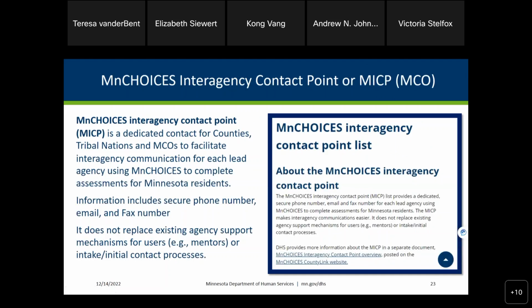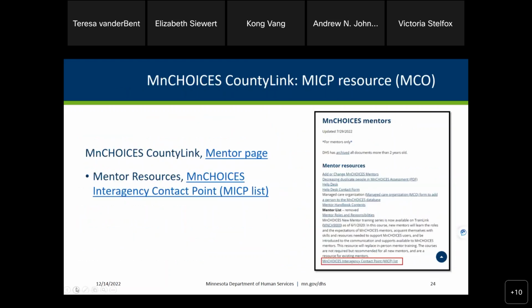It doesn't replace any other kind of mechanisms that you'll use, but it is a system that has been in place for a number of years, and agencies, counties, and tribal nations are used to using it, and we're looking forward to welcoming MCOs to join that agency contact point list, to improve and facilitate transfers between counties and tribal nations and managed care organizations.